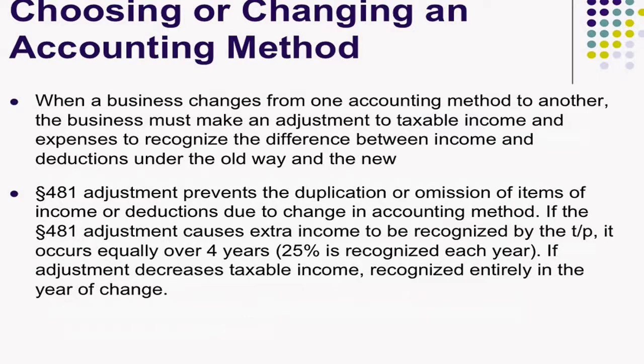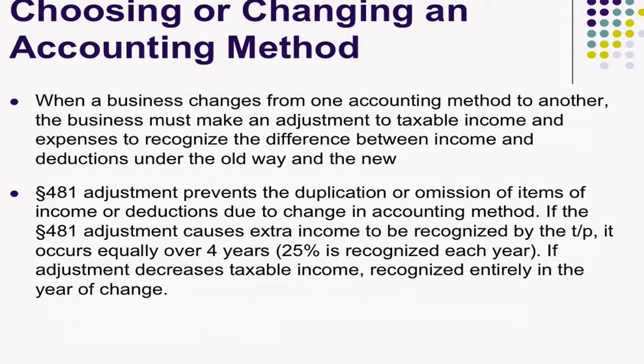If I have $25,000 of accrued income, and I'm on the cash method, I haven't picked it up in income yet because I haven't received it, okay? And I have $5,000 of expenses, and I haven't taken those either because they're prepaid expenses, so I'm not taking those either if I'm a cash method taxpayer.